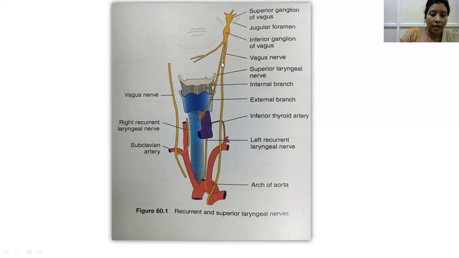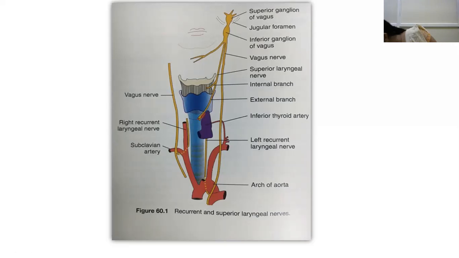After giving the superior laryngeal nerve, it is in a medial relation to your internal and external carotid arteries. This is 2 centimeters almost from the nodose ganglion, though in the picture it appears to be larger. This superior laryngeal nerve divides into an internal branch and an external branch. The internal branch is in relation to your superior thyroid artery.